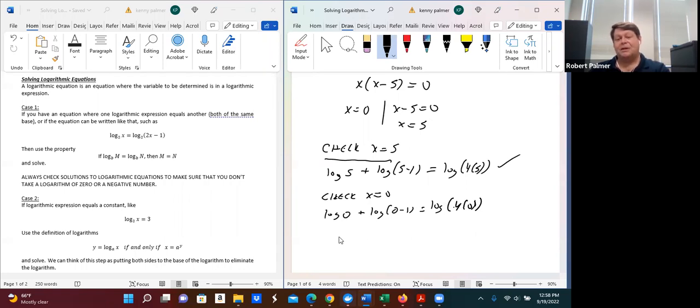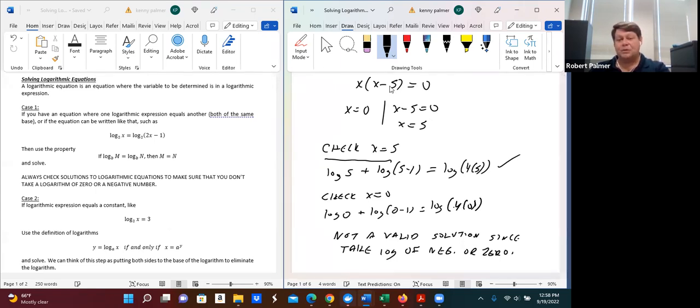So once again, remember, this is not a valid solution since you have to take the log of a negative or 0.